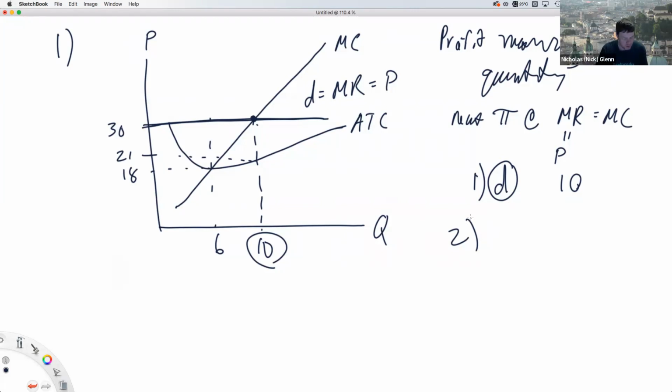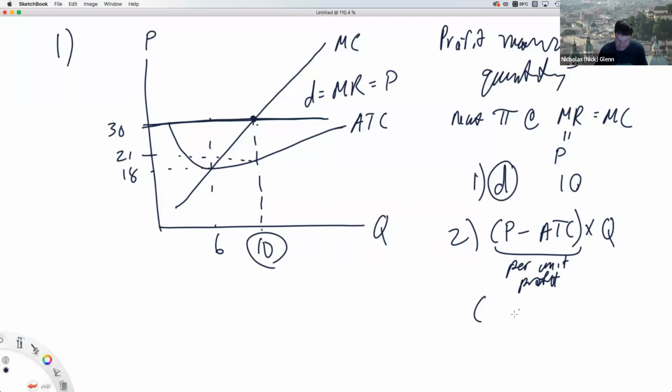But here in the short run, there are some positive economic profits. So to get our profit, we take the price, subtract the average total cost, and multiply by quantity. This essentially gives us the per unit profit, P minus ATC. And to get the total, we just multiply it by the number of units that are sold here.